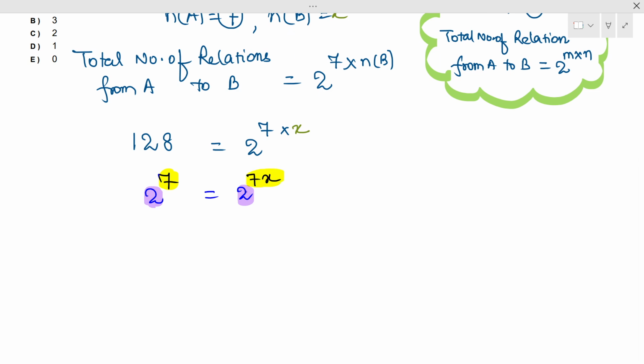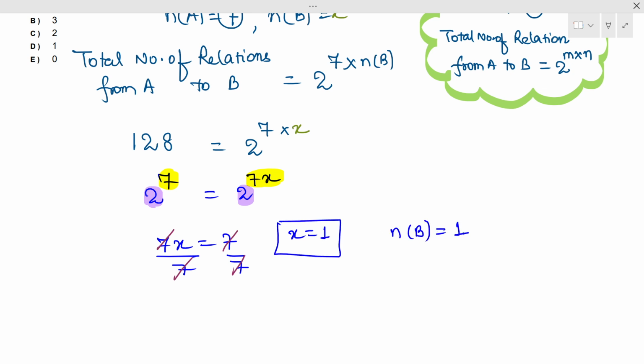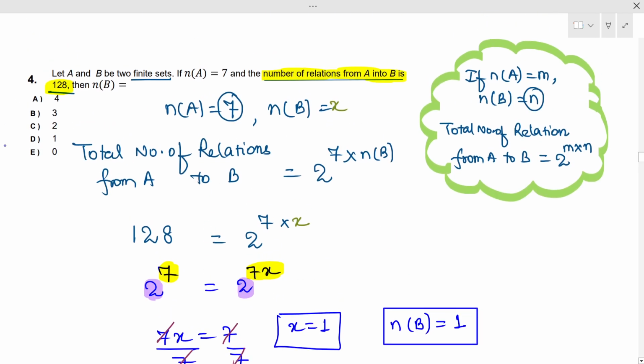Yes. So now 7x is equal to 7. Dividing both sides by 7, we get x is equal to 1. Now, what was x? x was the cardinality of B. That means n(B) is equal to 1. So, the correct option is option number D.